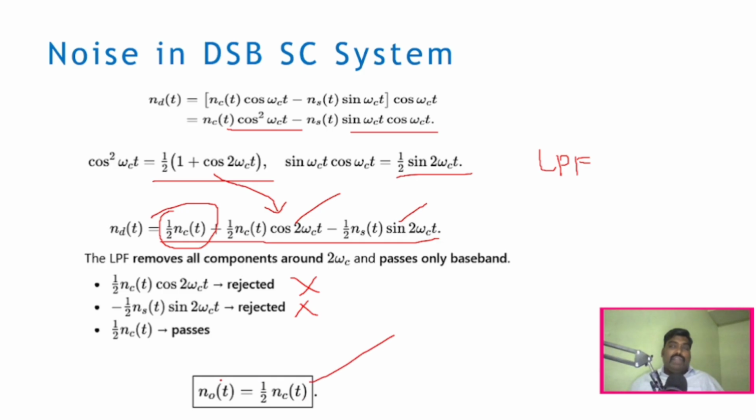So if you understand here, this nc of t is nothing but the input noise, and n naught of t is nothing but the output noise, which means the output noise power will be only half of the input noise power. So we can write n naught of t is equal to 1 by 2 nc of t. Clear?